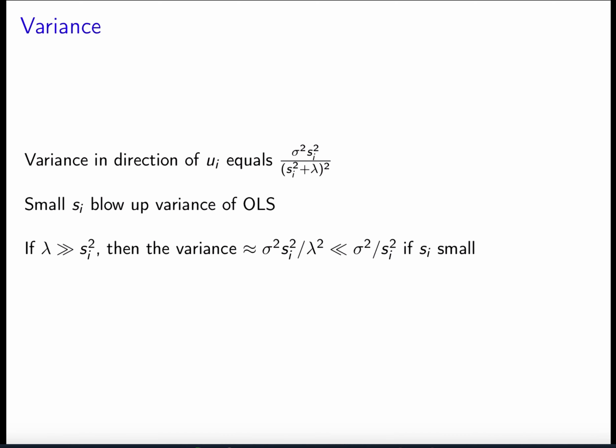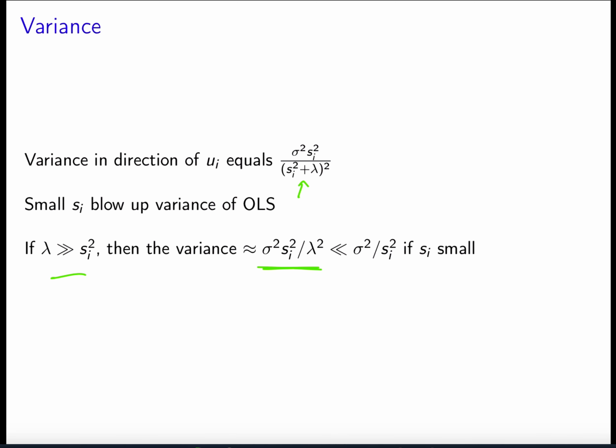If lambda is large with respect to the smallest singular value, then lambda is going to dominate, and you end up with sigma squared times si squared over lambda squared, which is small. So you have managed to cancel this variance coming from the small singular values.